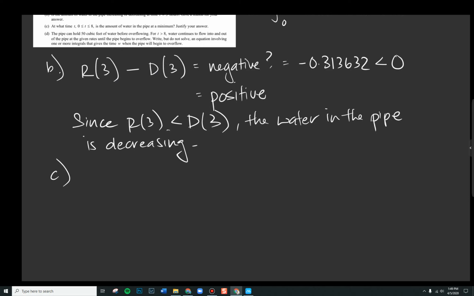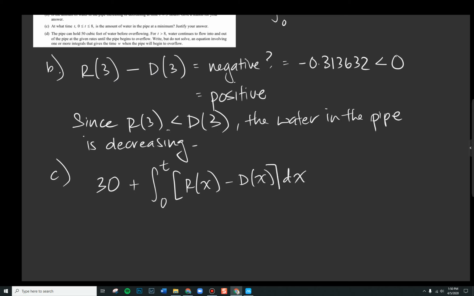We started out with, I believe, 30 cubic feet of water in the pipe at the beginning of time, plus, and I'm going to write this next part from 0 to whatever time, which represents all my time from 0 to 8, the difference between the amount of water going into the pipe, which I'm going to call R of x, minus the amount of water leaving the pipe, D of x. And this is my dx.